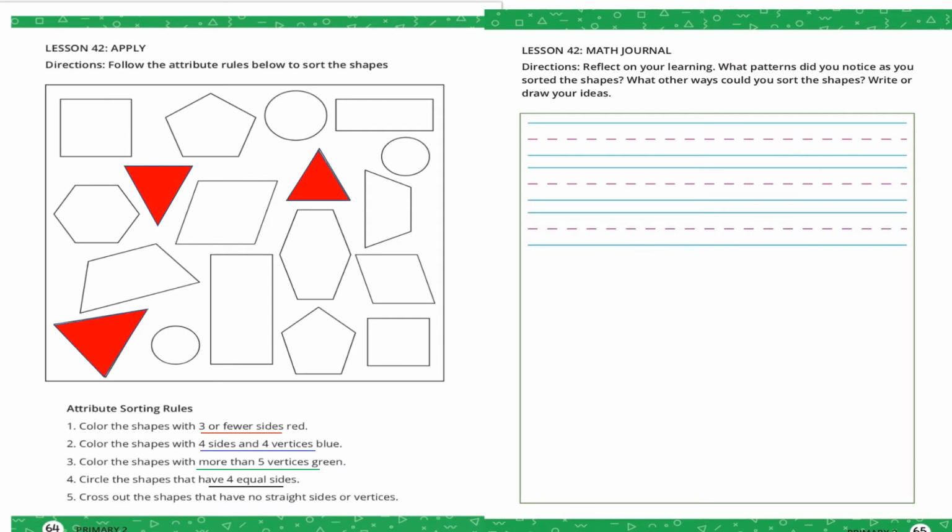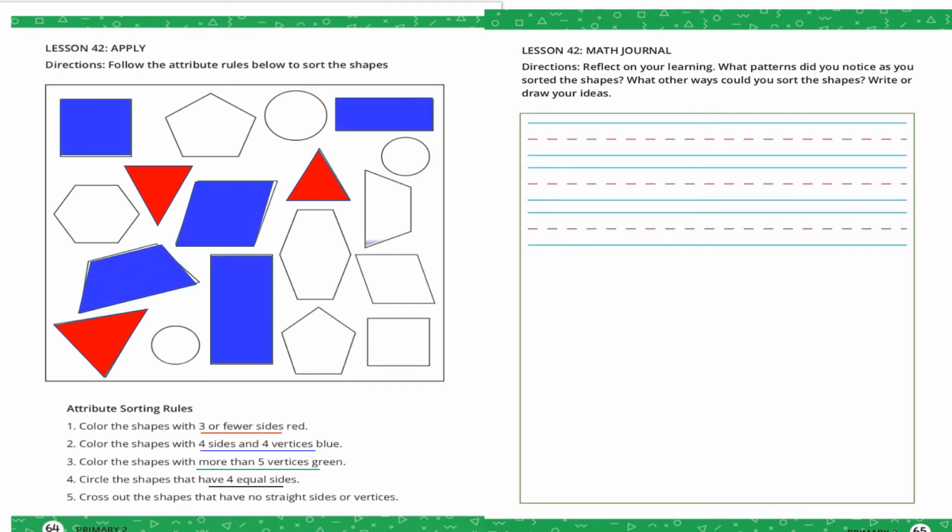Number 2. Color the shapes with 4 sides and 4 vertices blue. The shapes with 4 sides and 4 vertices are called what? Quadrilaterals. Okay, so we will color all quadrilaterals blue. Great.